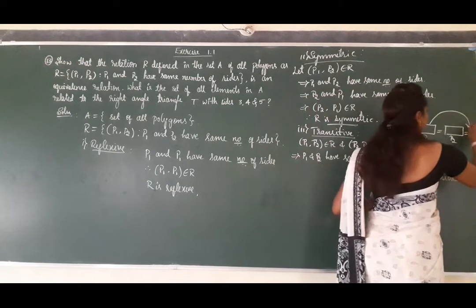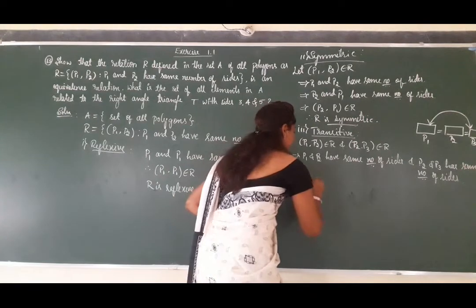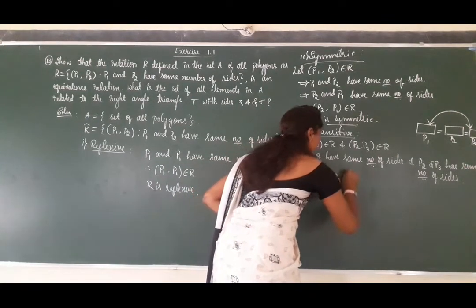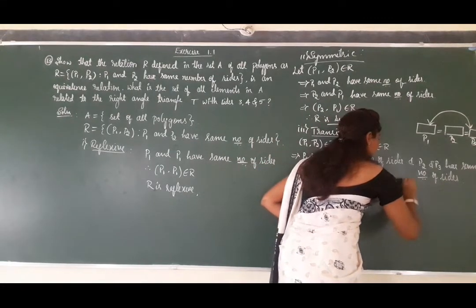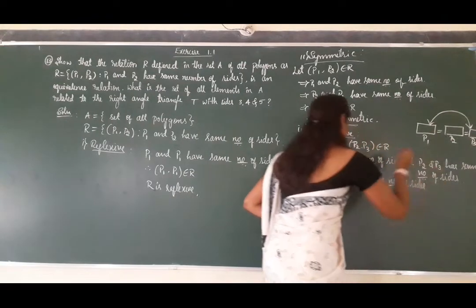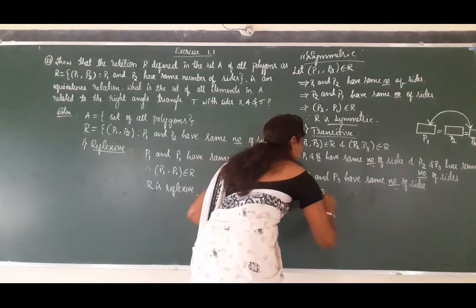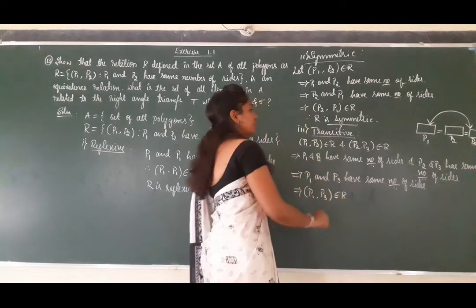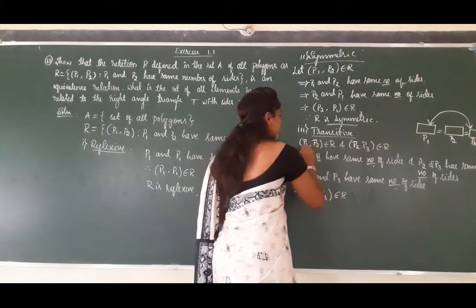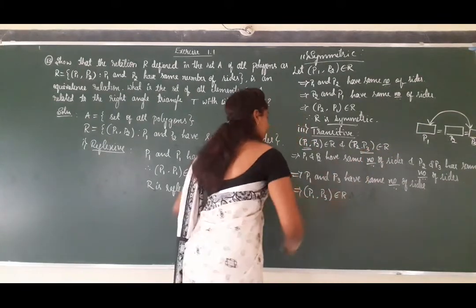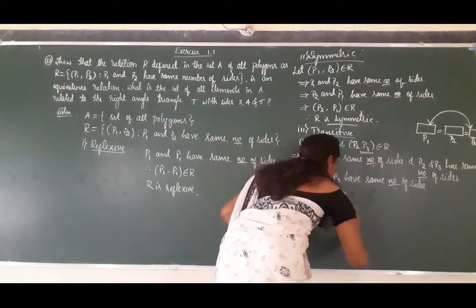Obviously, P1 and P3 have the same number of sides. Therefore, (P1, P3) belongs to R. First, we take (P1, P2) belongs to R, (P2, P3) belongs to R. Then we take the first element and last element, (P1, P3) belongs to R. Therefore, R is transitive.